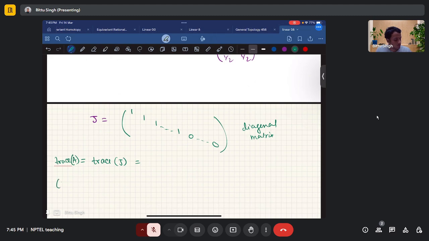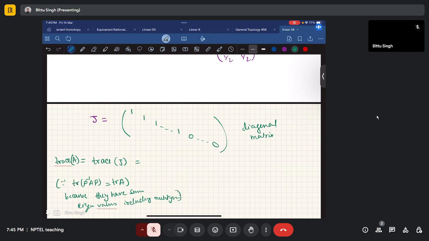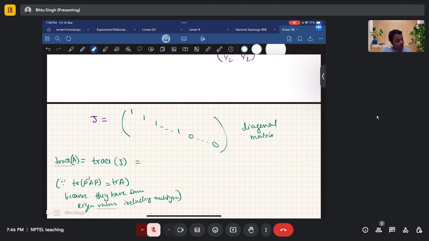Trace of P inverse AP is the same as trace of A. This is true because those two have the same eigenvalues, including multiplicities. This is a very easy fact to check. So from here it is clear that their traces are the same.